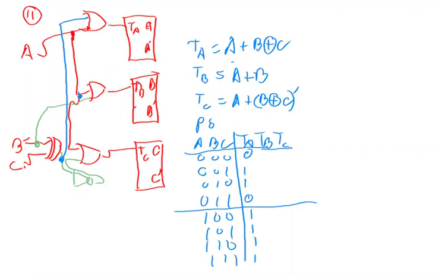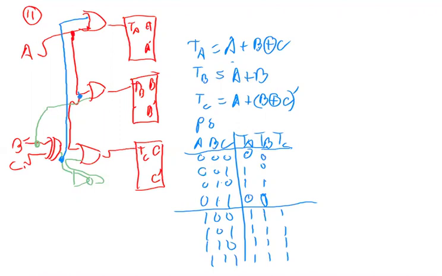And T sub B is going to be A or B. So A is here, or B. And T sub C is going to be A or B exclusive NOR C. So if this is B exclusive OR C, then the opposite, wait a minute now. That should have been a 0, shouldn't it?